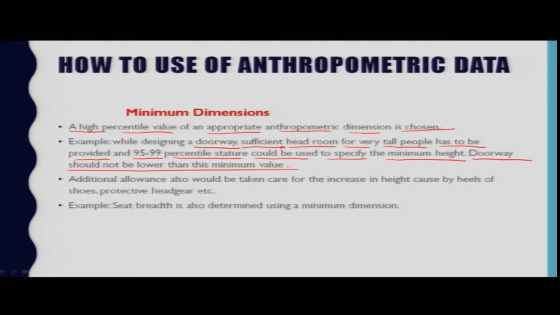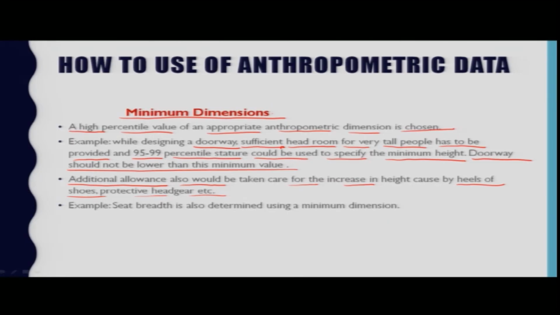And additional allowance also would have to be made for the increase in the stature caused by items of clothing such as heels of the shoes, protective headgear, and so on and so forth.